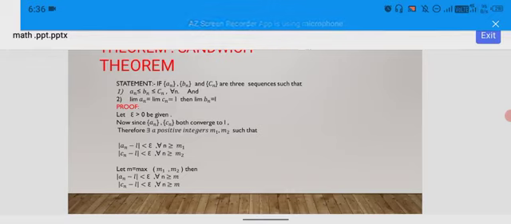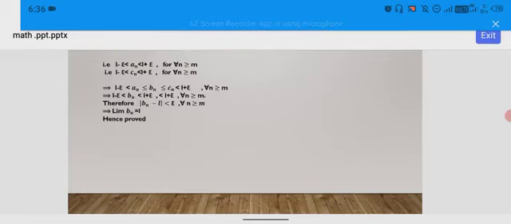Mod of an minus L is less than epsilon for all n greater than or equal to m, and mod of cn minus L is less than epsilon for all n greater than or equal to m.